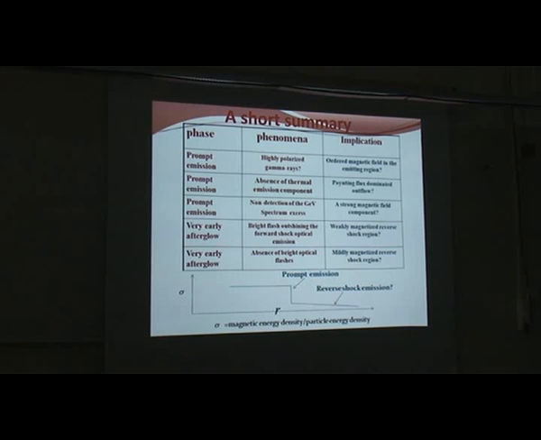It's not obvious to me that if you have a high sigma flow, you necessarily suppress the thermal emission, I mean, the SSC. I don't see why you necessarily need to suppress the SSC in a high sigma flow.